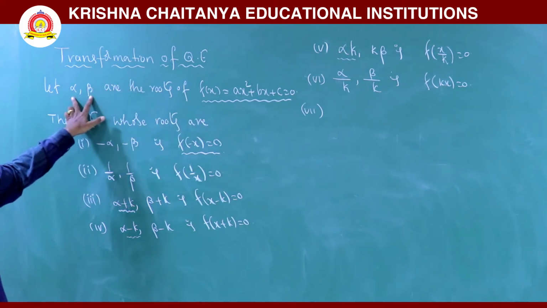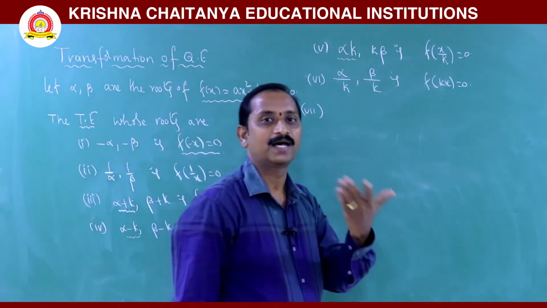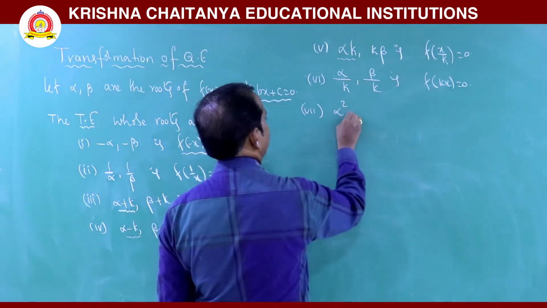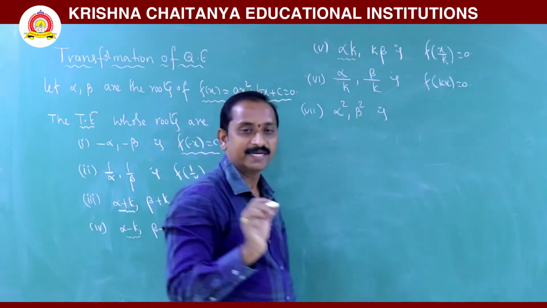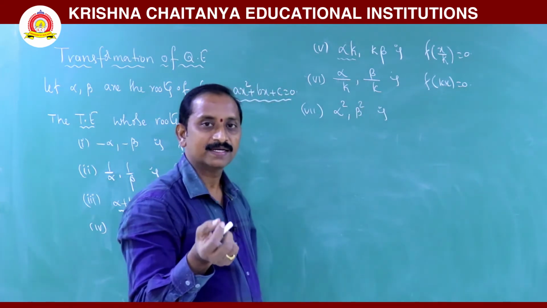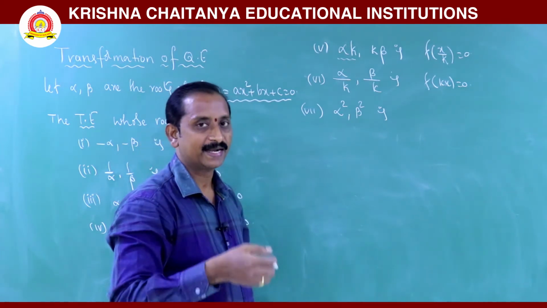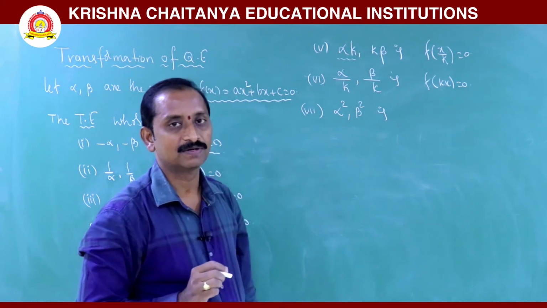Squares means alpha square, beta square. So we need a transformed equation whose roots are alpha square and beta square. Indirectly, we know that the reverse of square is square root. So the required transformed equation is nothing but f of root x is equal to 0.